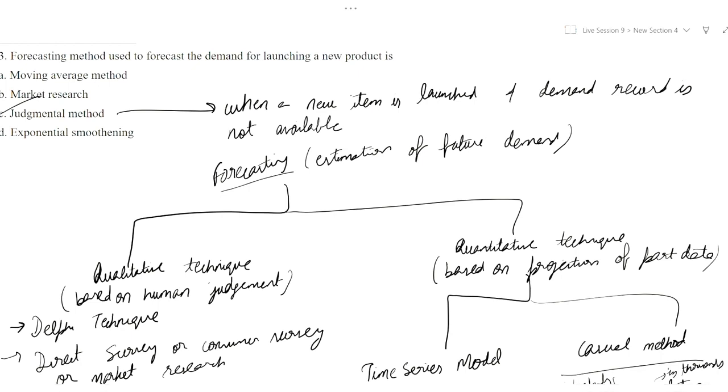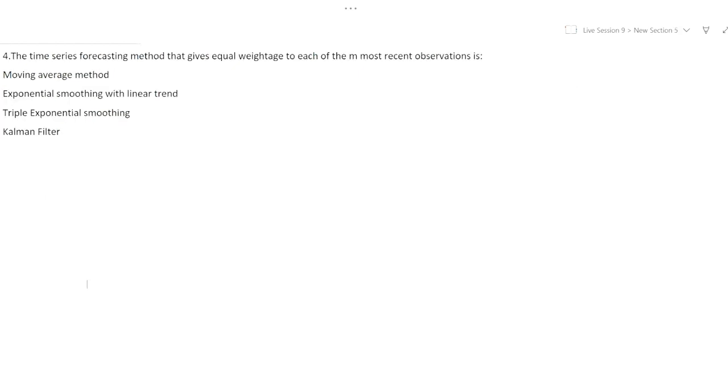So, as per the current question, the time series forecasting method that gives equal weightage to each of the most recent observations is the moving average method.